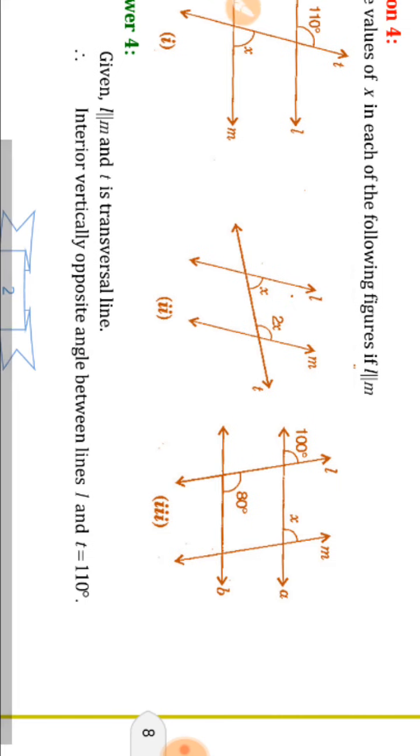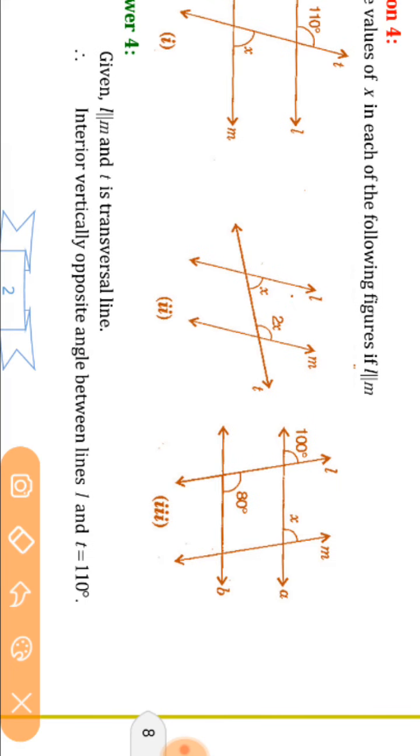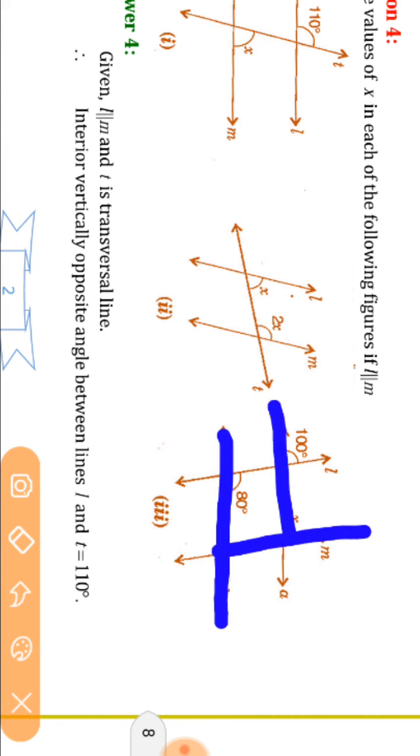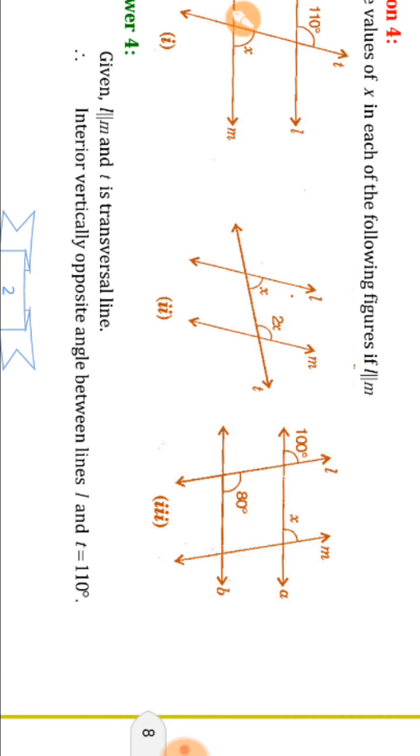See, directly interior angles, because here corresponding angles. See here, this is your F. Directly you can take it because this angle is equal to 80 degree, this angle is equal to 80 degree, 80 and 80, 100, or you can take directly here.